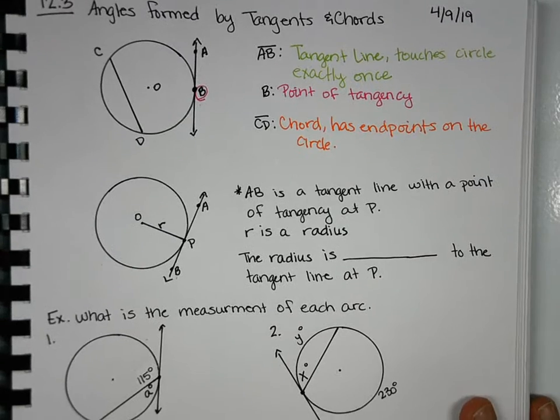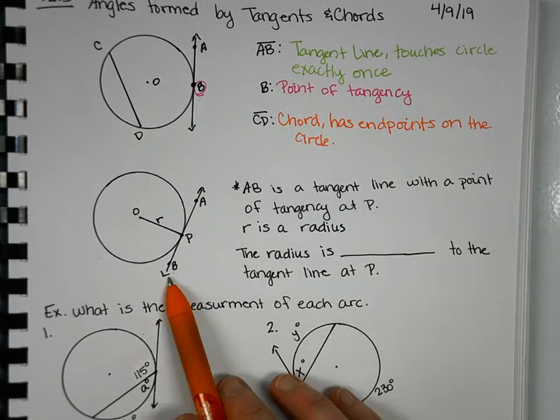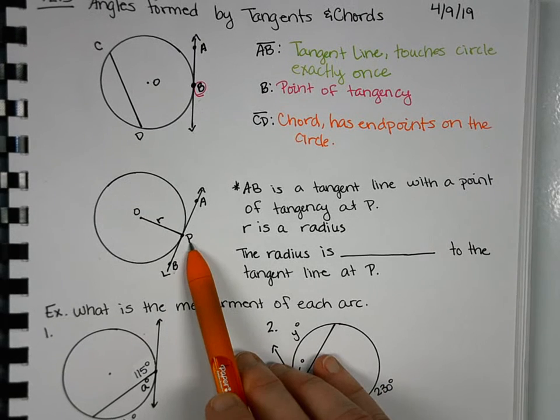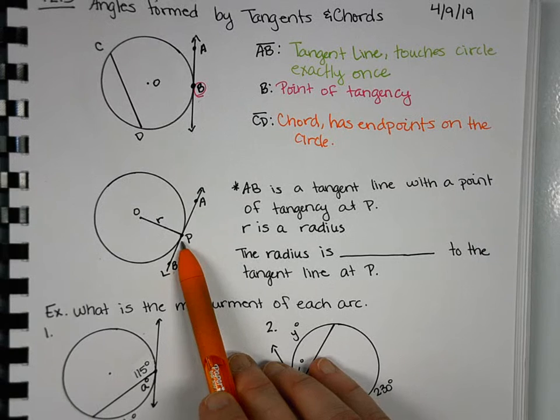Okay, so if we look at our second picture here, AB is a tangent line with P as the point of tangency and R is a radius.